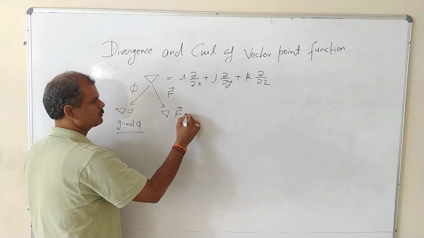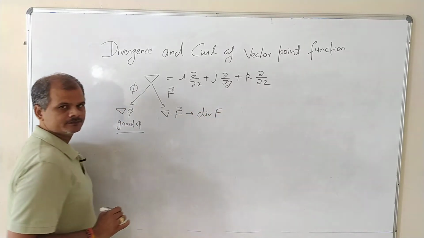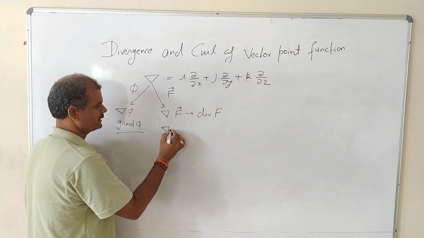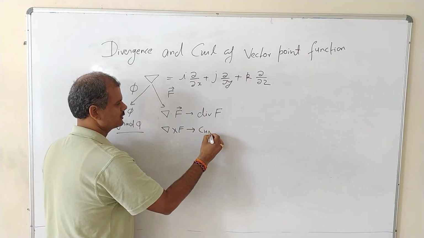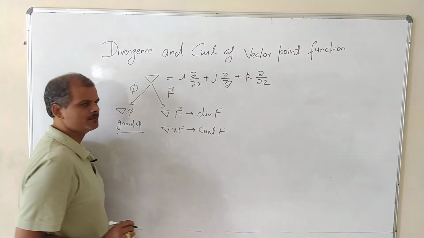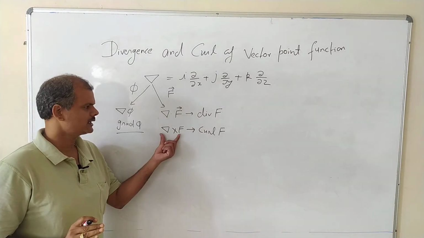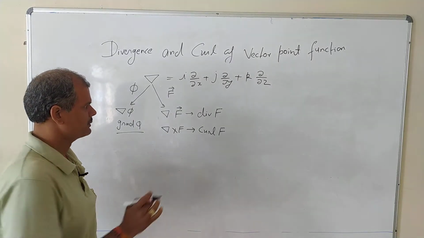So the dot product will be divergence of f. And if you take the cross product del cross f, this will be curl of f. Very simple. Dot product will be divergence of f and cross product will be curl of f. Let us see what this divergence is.